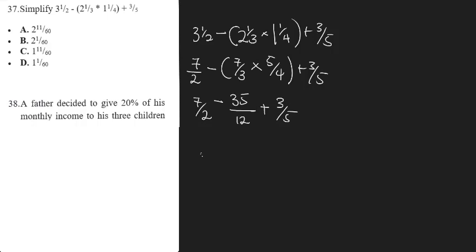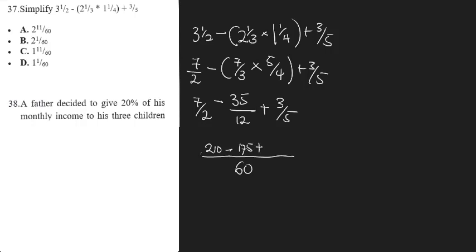You take the LCM, and the LCM is 60, because 60 can go into 2. 60 into 2 is 30, and 30 times 7 is 210. Then we have minus 12. 60 divided by 12 is 5, and 5 times 35 is 175.